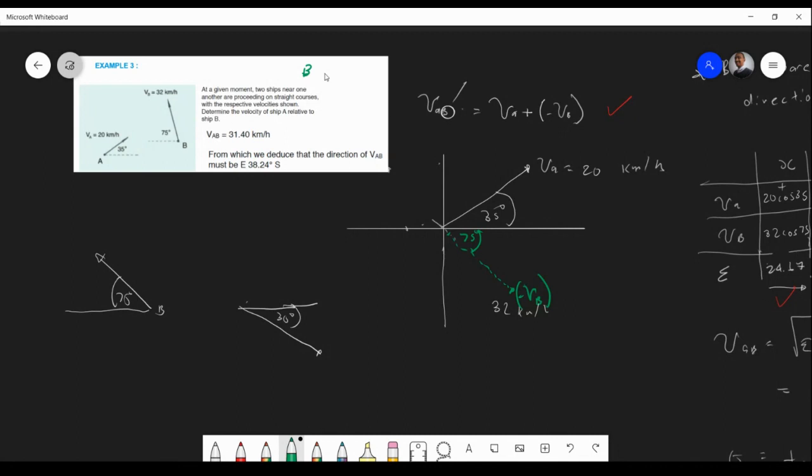So we're gonna do B relative to A, to the relative velocity.